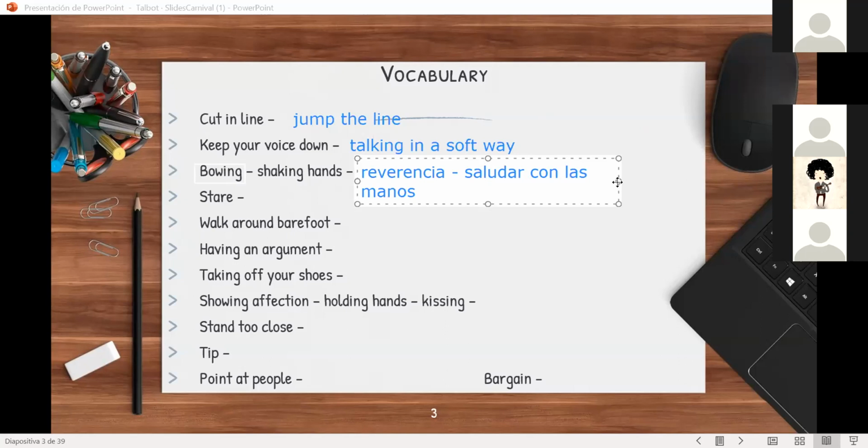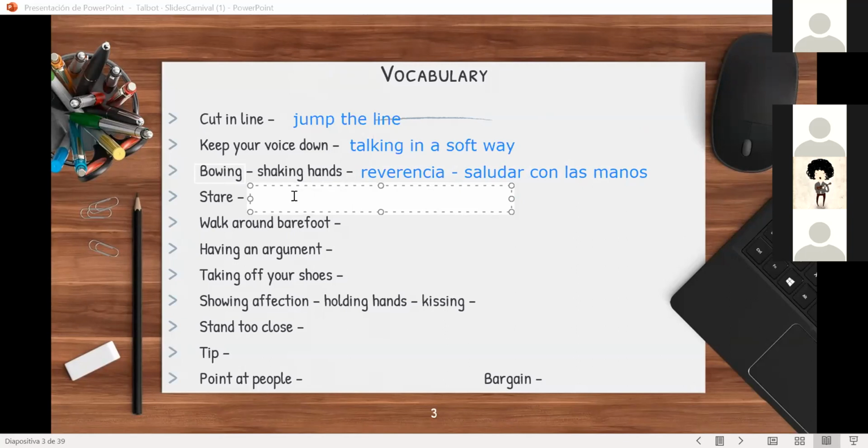Okay. Stare, you know, maybe you have felt when you're walking down the street, and you feel something when someone is staring at you.